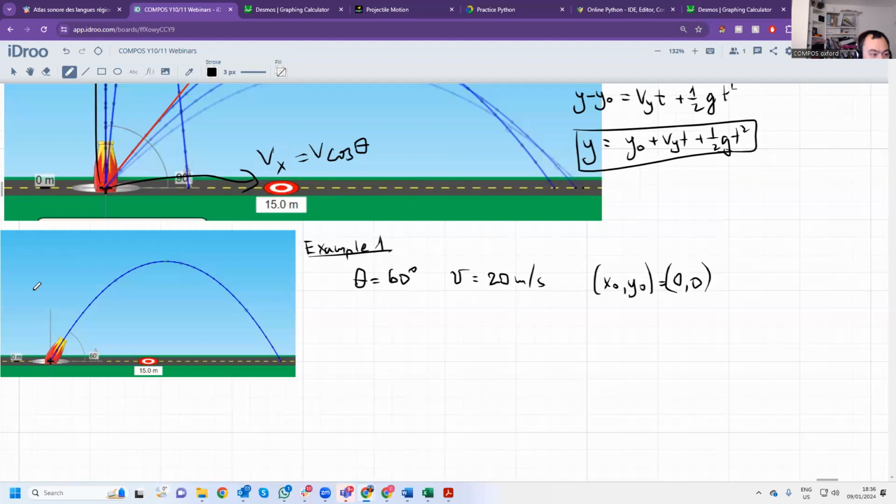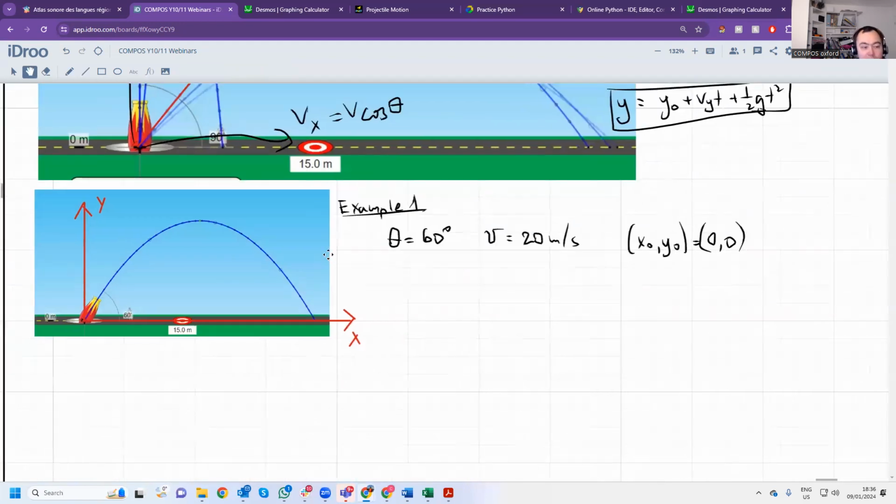So you start from 0, 0, because this is the y-axis and this is the x-axis. Okay, so you're shooting a projectile. It goes like this.